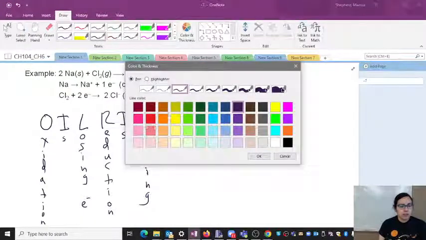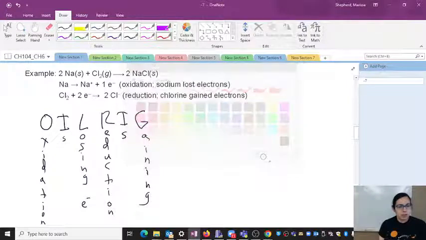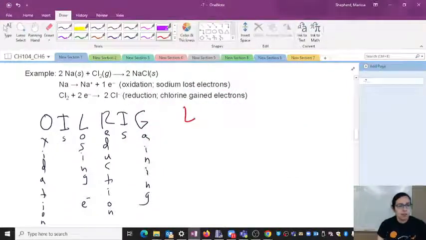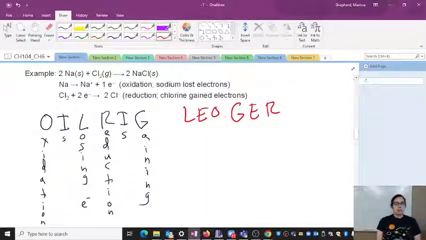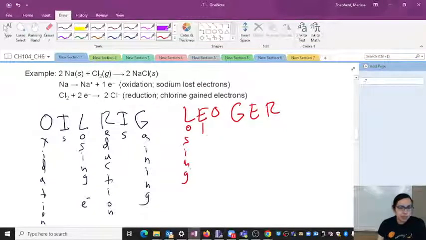So if you're not a fan of big oil, I have another mnemonic. There's also LEO, and Leo can be a lion or a leopard or whatever your favorite fuzzy big cat is, but Leo goes grr. So losing electrons is oxidation.